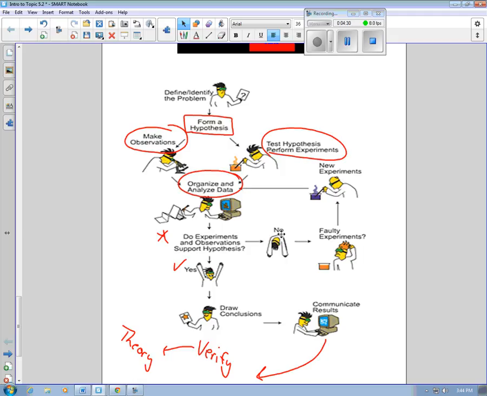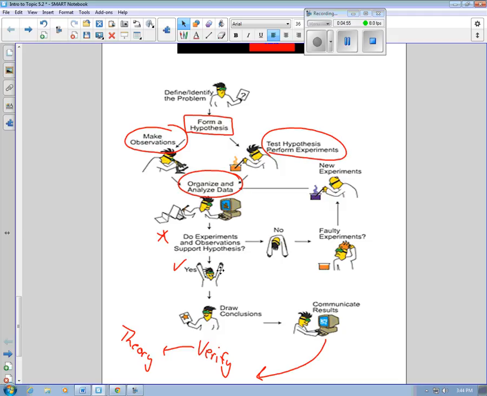If no, then perhaps it's a faulty experiment. A new experiment might be designed, and new data might be analyzed and organized. This process can go on for quite a long time. Sometimes, too, I think scientists reevaluate their original hypothesis and rehypothesize on what may be happening.